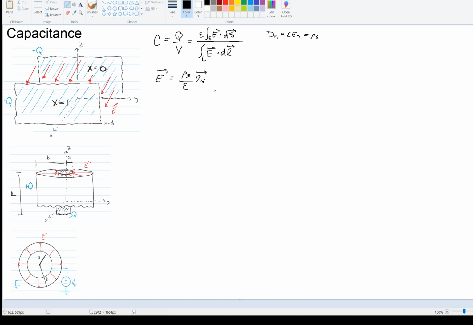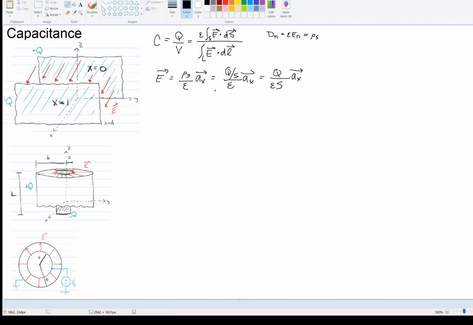Now, we can assume that the charge is uniformly distributed about the area. And unless you're told otherwise, you can make that assumption, uniformly charged. So that means that rho s is q over s, and the electric field is q over epsilon s in the x direction, and then I can simplify that a bit by bringing the surface area down here.